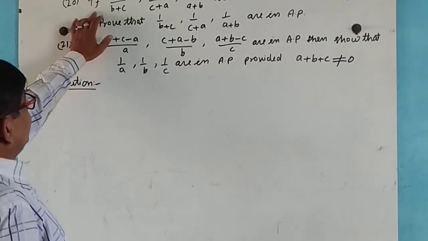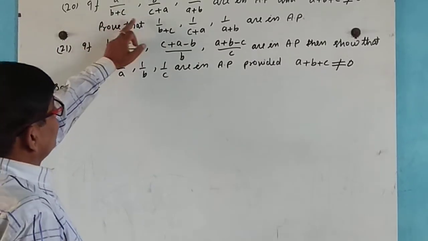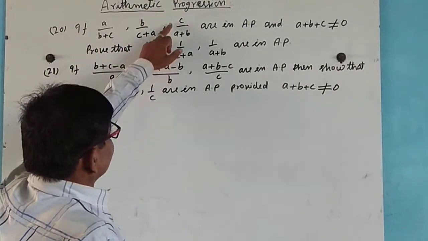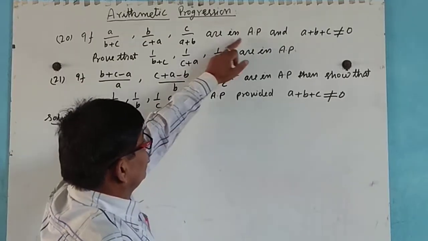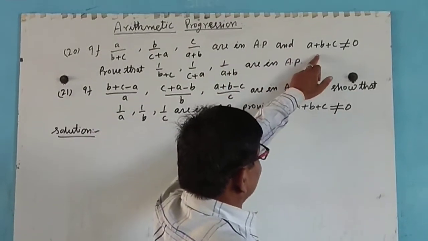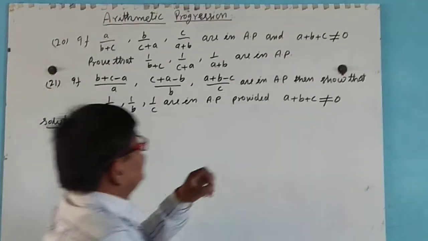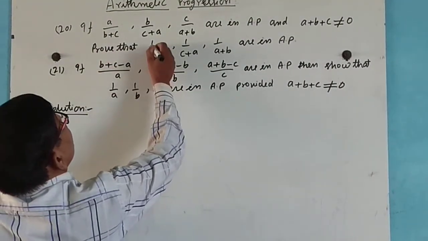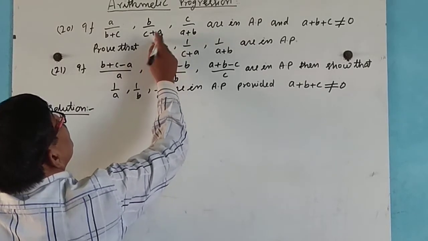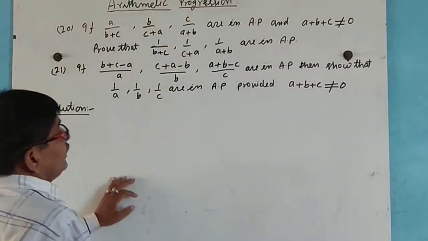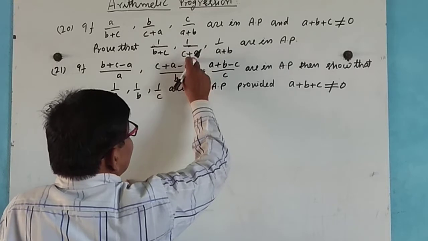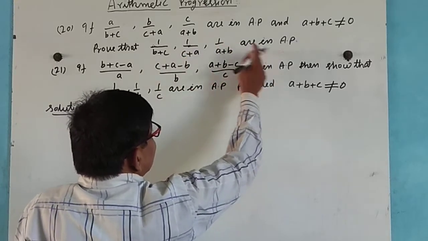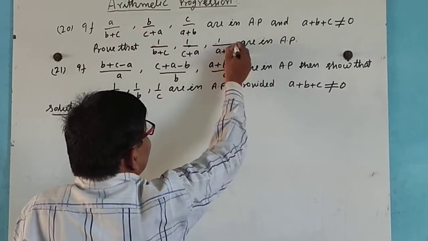Question number 20. If a by b plus c, b by c plus a, c by a plus b are in AP and a plus b plus c does not equal 0, prove that 1 by b plus c, 1 by c plus a and 1 by a plus b are in AP.